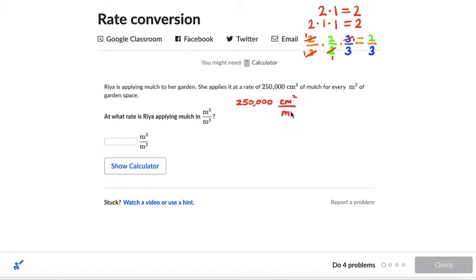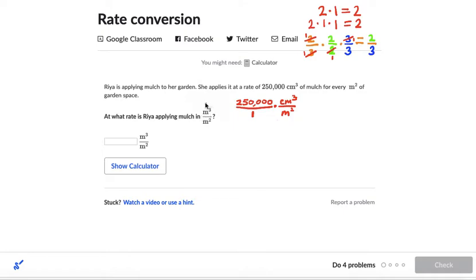If we remember that, this is 250,000 centimeters cubed per 1 meter of garden space, so I can say that's per 1 meter squared of garden space. And I can also separate these out. I can say this is 250,000 over 1 times centimeters cubed over meters squared. So once I start looking at it like this, this is going to allow me to do some things to it.